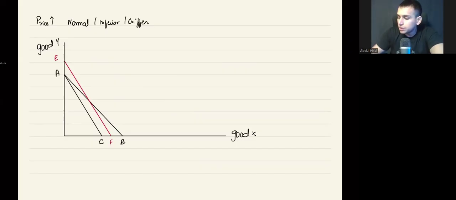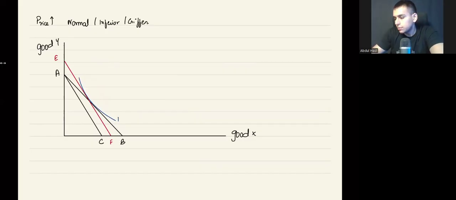Now you have to find X. This is your X. There will be one indifference curve which will be tangent with both of these budget lines and will create two equilibriums over here like this.